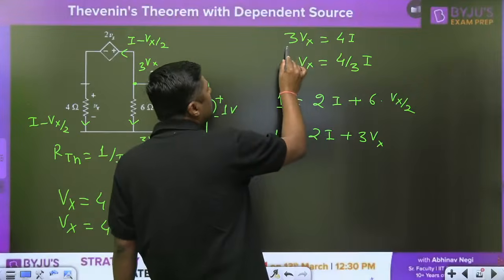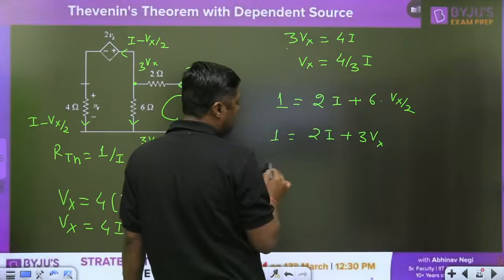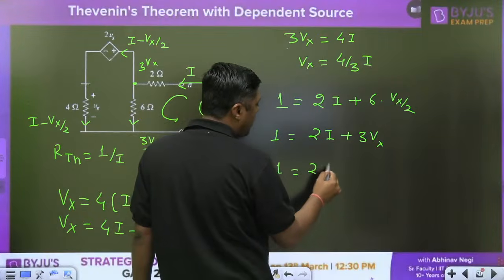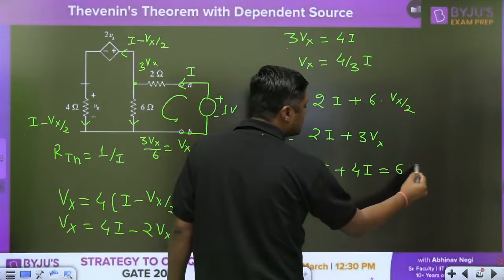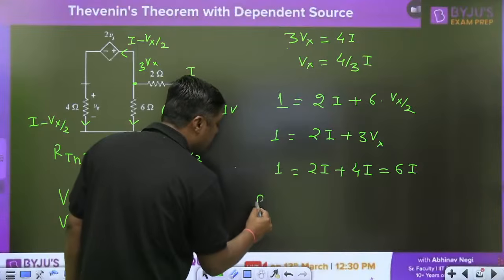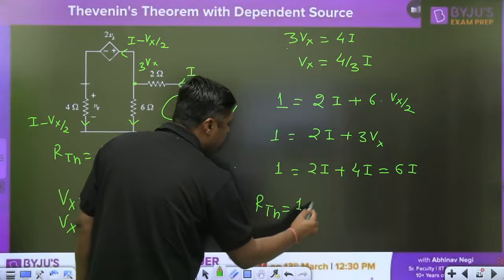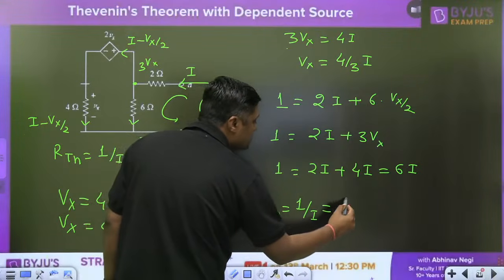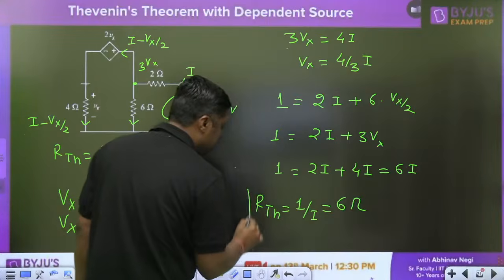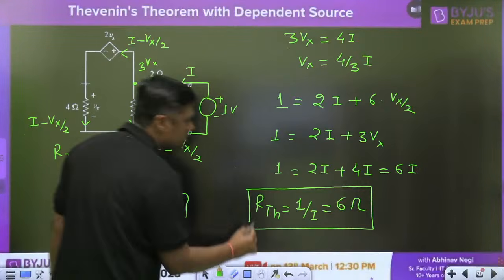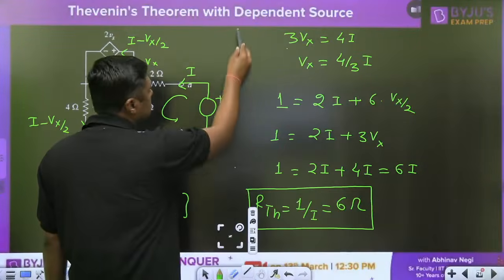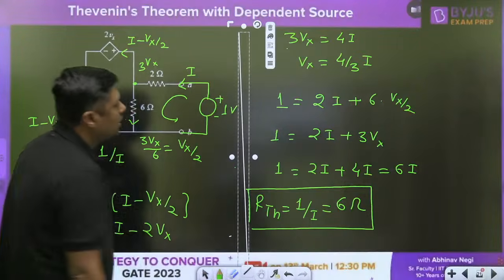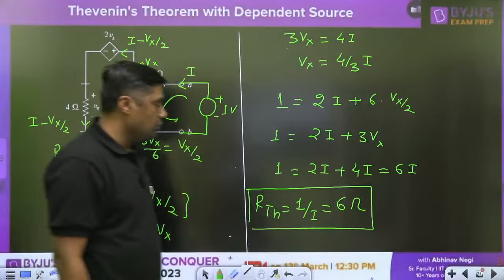My dear friend, what is the 3Vx? We will directly use 4I. 1 is equal to 2I plus 4I, that is equal to 6I. So what is the 1 by I? It is equal to 6 ohm. So that is the answer, 6 ohm.